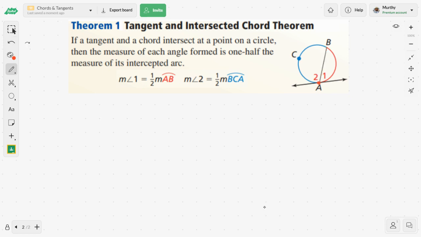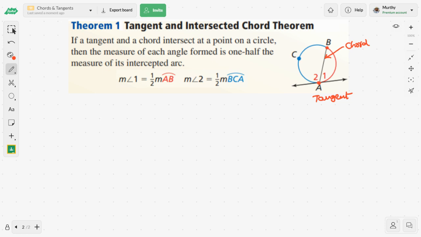Therefore, here AB is a chord, right? And again, a straight line or line segment that touches the circle at one point is known as a tangent.